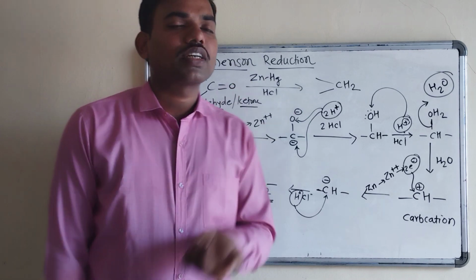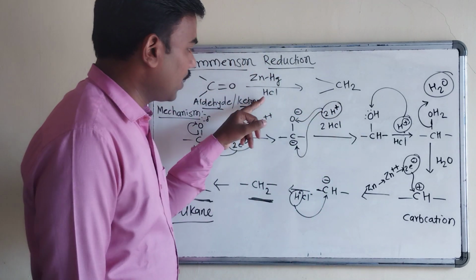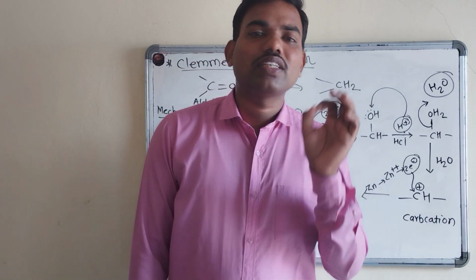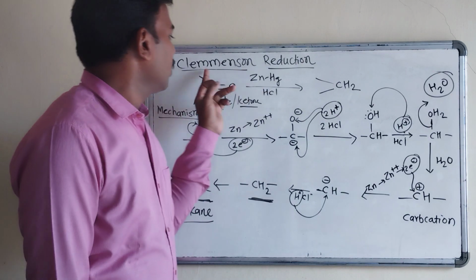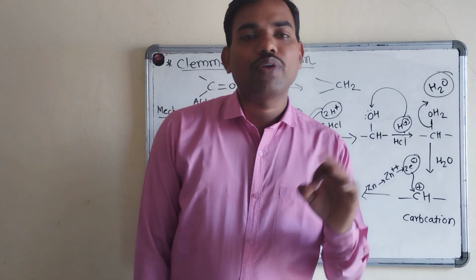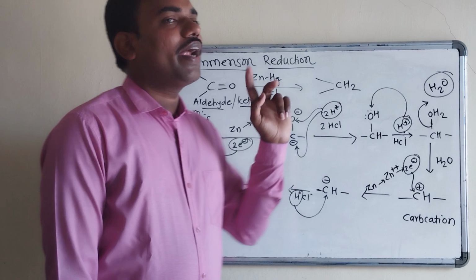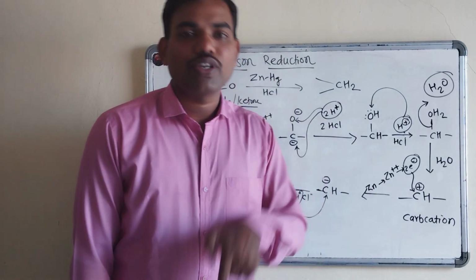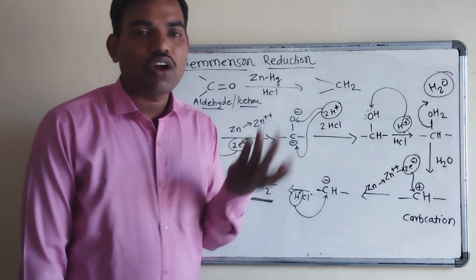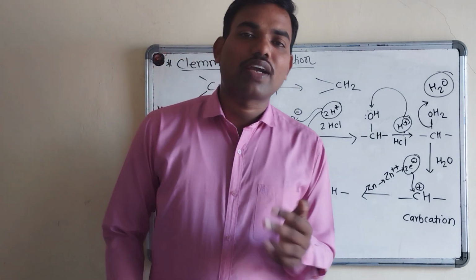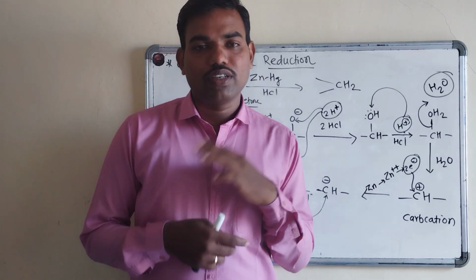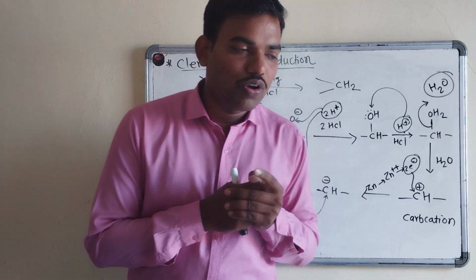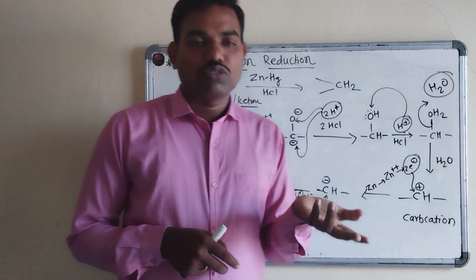In the Clemmensen reduction, acidic medium is required along with zinc amalgam, and in the Wolff-Kishner, the reagent is hydrazine NH2NH2 and strong KOH along with ethylene glycol. Ethylene glycol acts only as a solvent, so there is no drastic difference.